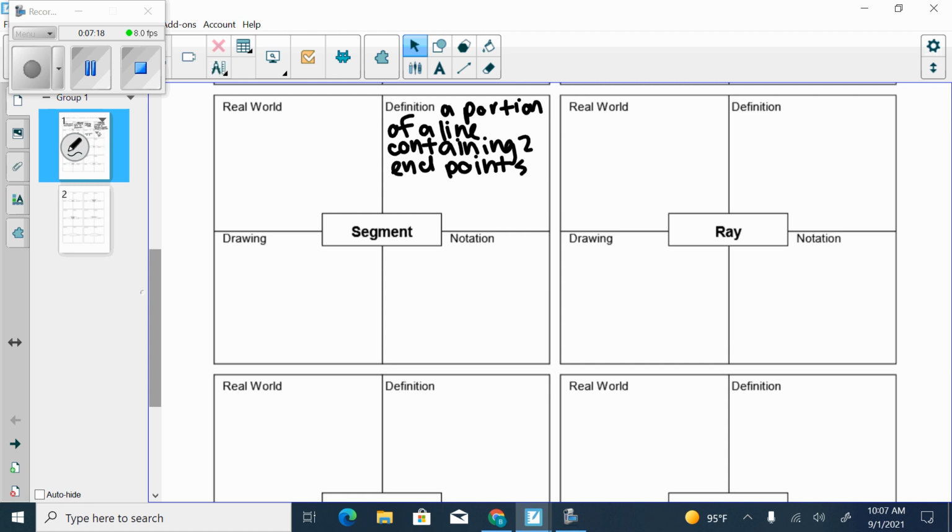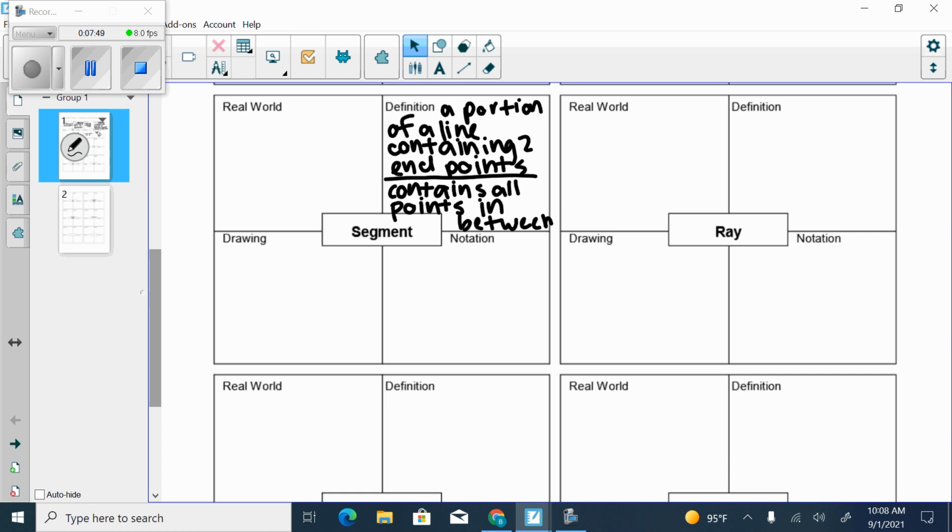We also said it contained what? All the points in between. Very good. So it also contains all points in between. Okay.